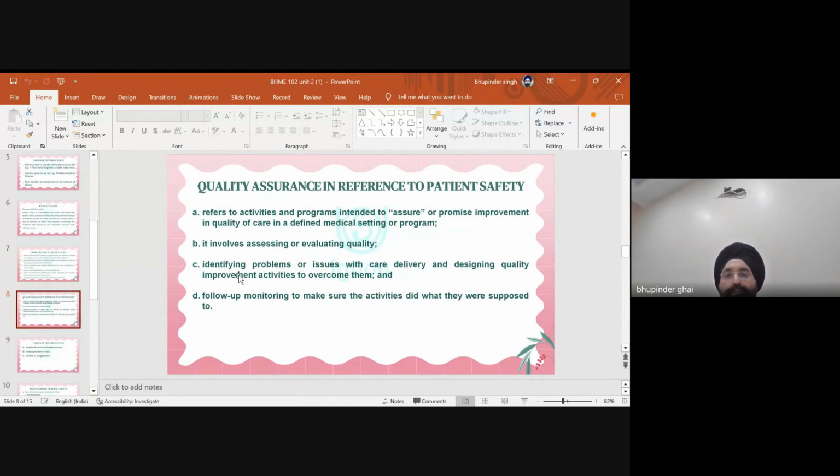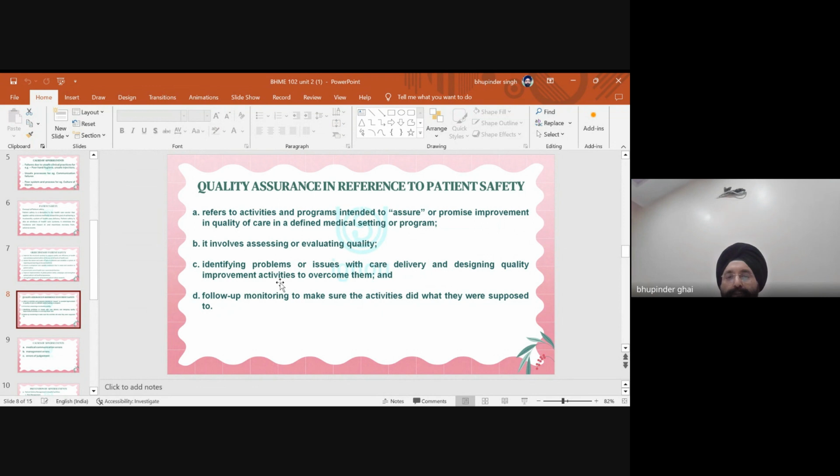The quality assurance in reference to patient safety. It refers to activities and programs intended to assure or promise improvement in quality of care in a defined medical setting or program. Second, it involves assessing or evaluating quality. That means you need to evaluate and assess the quality of the healthcare system.